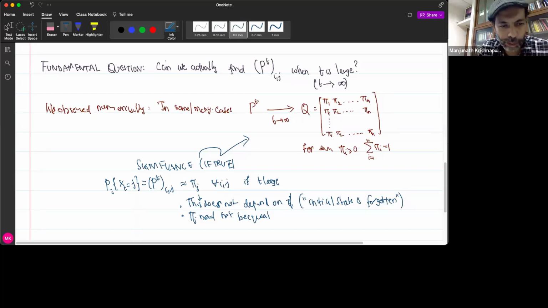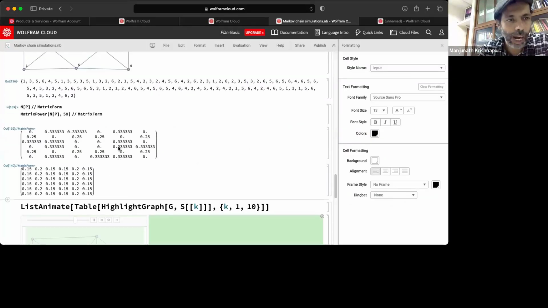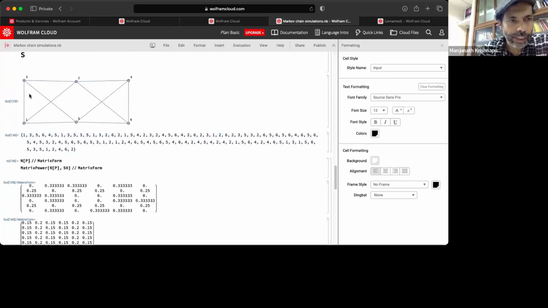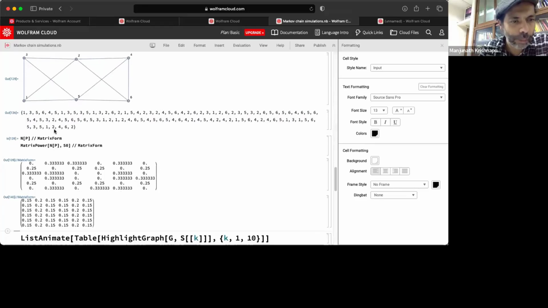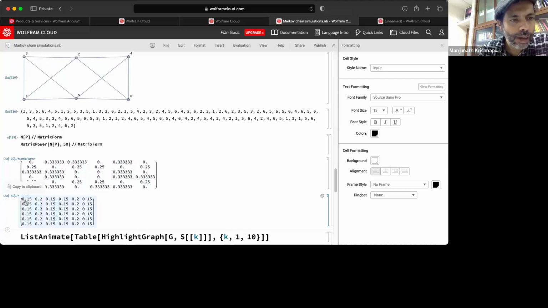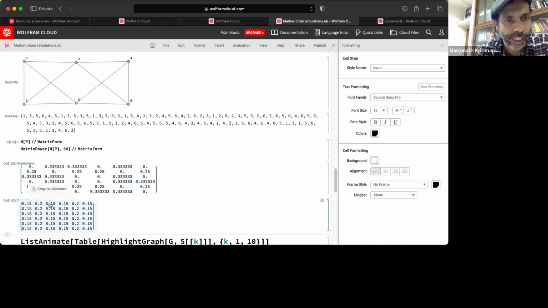Well, for example, let's go back to that graph example we had. In this graph, this looks too symmetrical, right? But no, the probabilities are not the same. For vertex 1, it is 0.15. For vertex 2, it is 0.2. So vertex 2 and vertex 5 have higher probability than vertex 1, 3, 4, and 6. Why would that be the case?